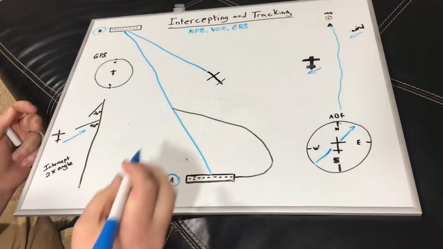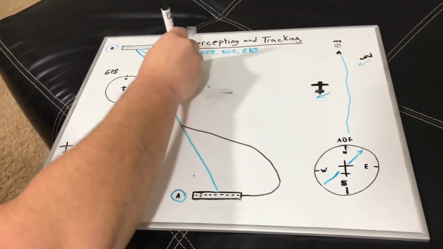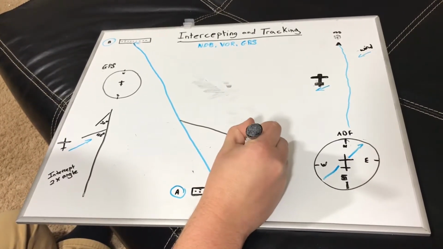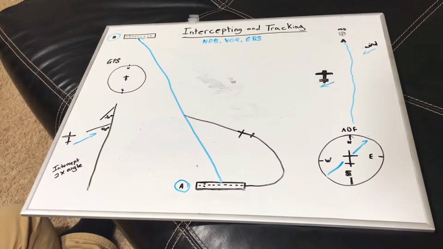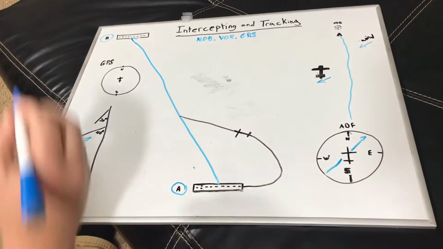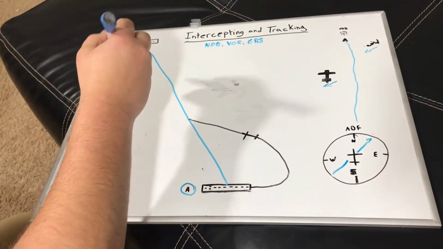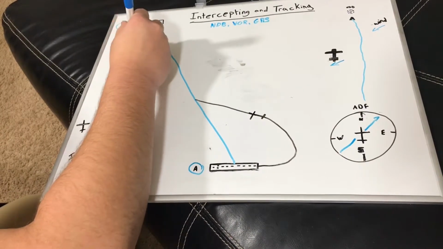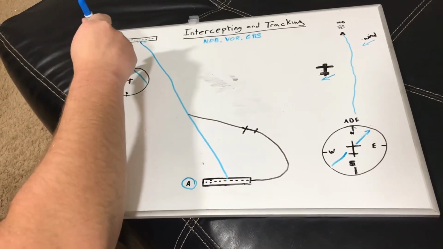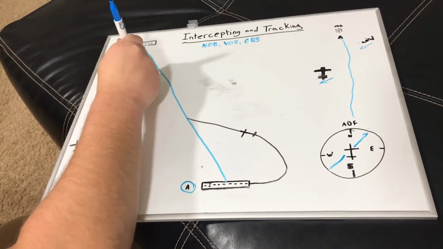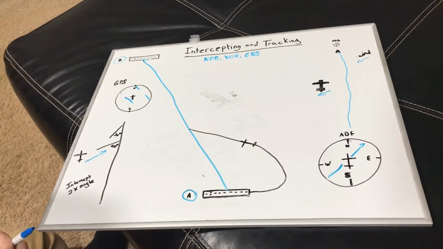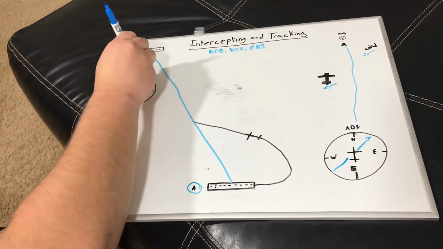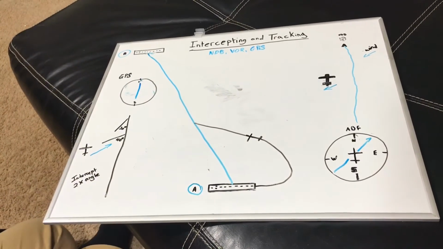So if our airplane is tracking here and we want to intercept our blue course, our CDI here is going to show the course as being deflected, and all we have to do is turn towards that course and line it up on our CDI in order to get a nice straight line again.